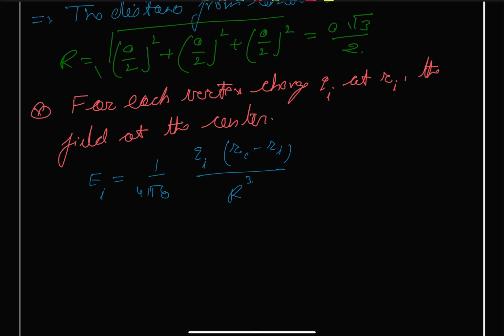Now here the value of I is going to vary from 1 to 8. I is a representation of the number of charges.